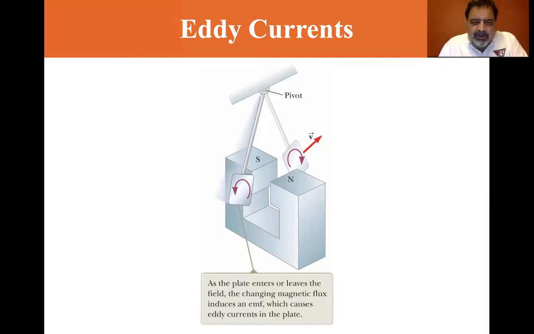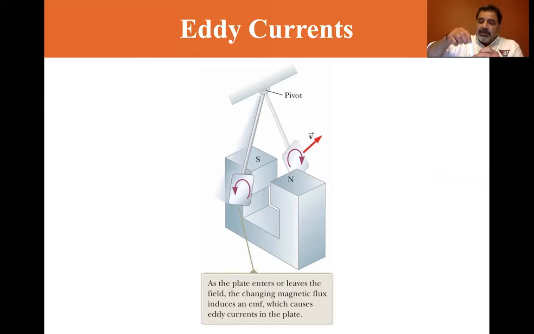As the plate enters or leaves the field, the changing magnetic flux induces an EMF, which causes the eddy currents in the plates. So as we drop this, Lenz's law says that a current will be induced such as to oppose the change in magnetic field.